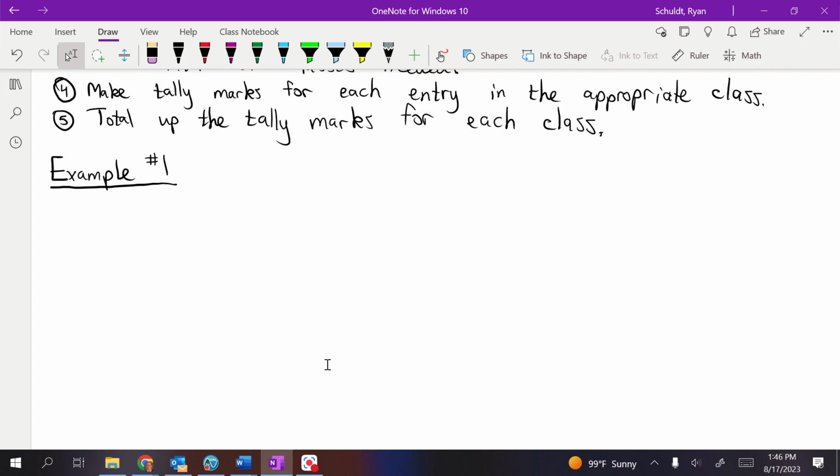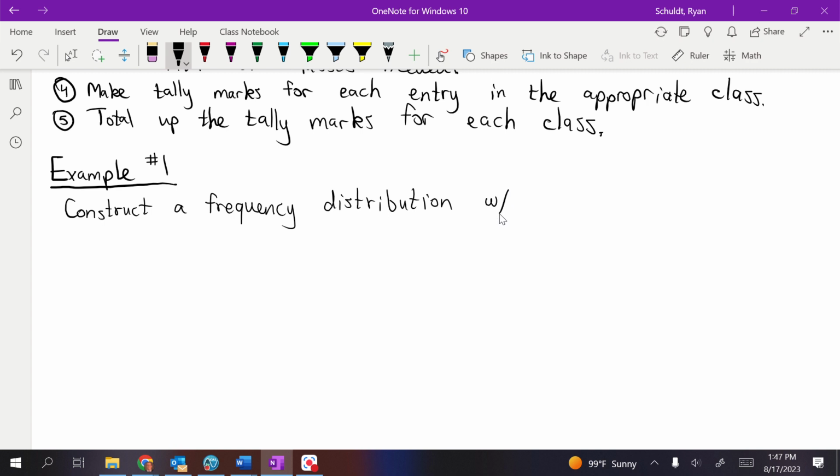Okay, so example one, we're going to construct a frequency distribution with 7 classes from the cell phone.